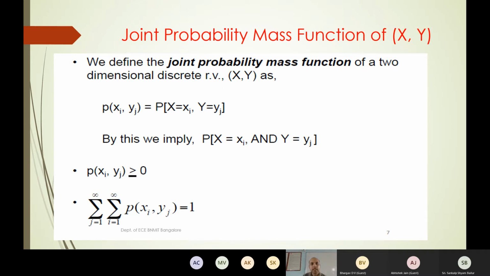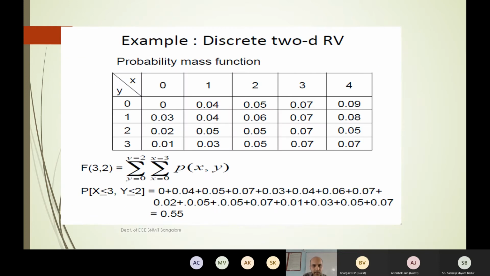This comma implies the first random variable taking a value xi, and the second random variable taking a value yj. Like I discussed, X taking a value 1 and Y taking a value 0 is 0.04.